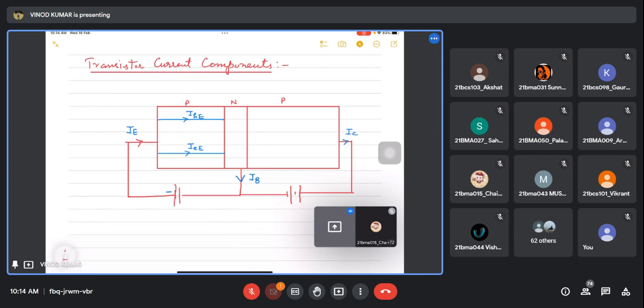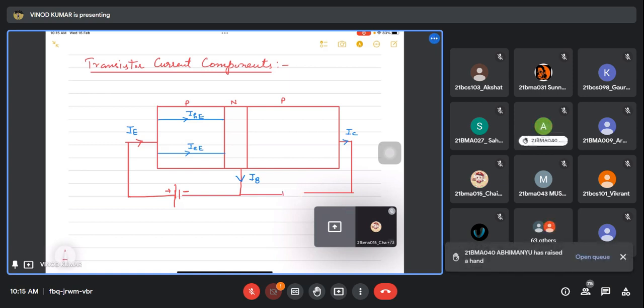This should be forward biased because we are going to operate in the active region. This is reverse bias. Fine, a forward bias and a reverse bias.